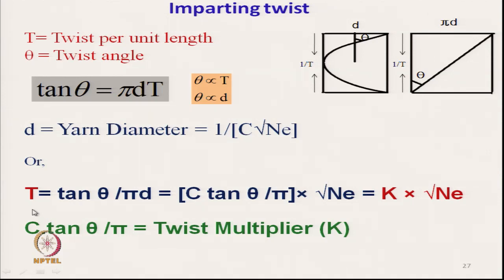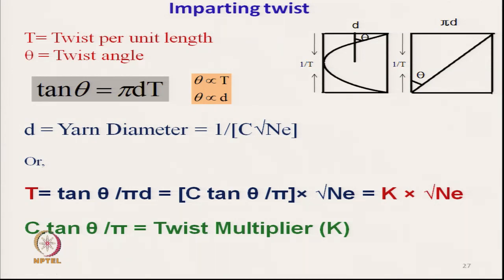So, the general formula is that in the indirect system, the twist per unit length equals the twist multiplier multiplied by under root count.